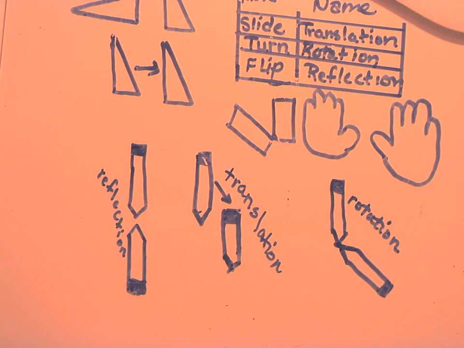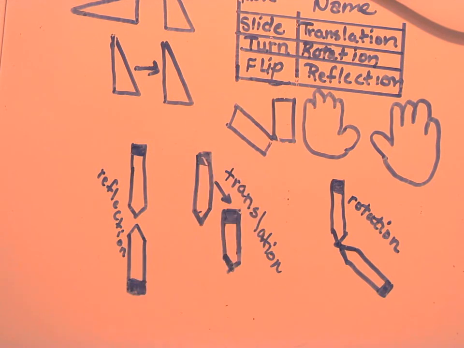That especially is helpful if you're trying to figure out something in your book and they say, is this a reflection or a translation or a rotation? If you trace it on a piece of paper and then move it around to see, oh, I flipped it, so it must be a reflection, or I rotated it, so it must be a rotation, that type of thing can also help you in figuring out what they are.